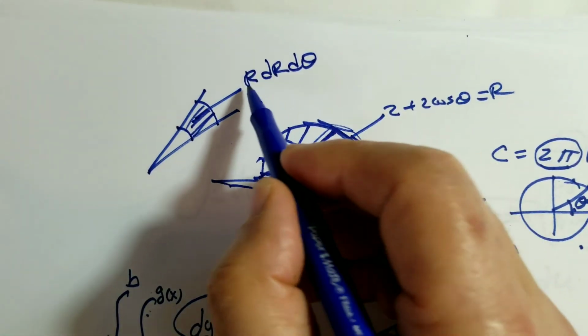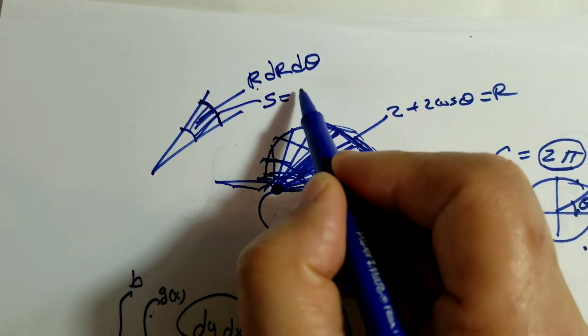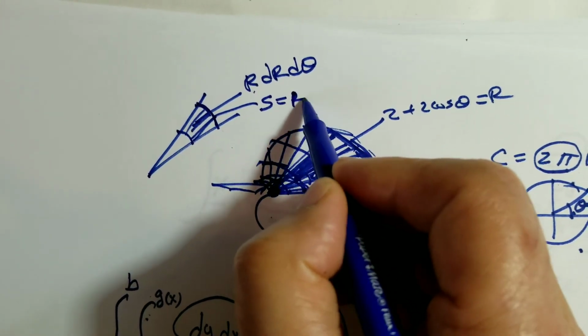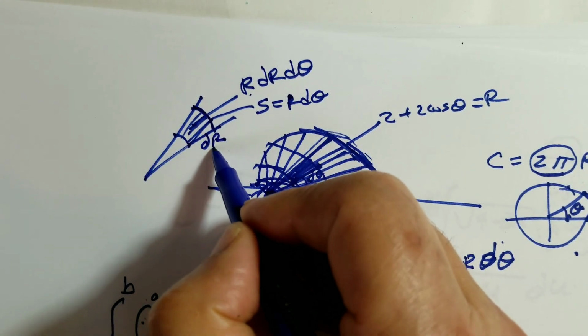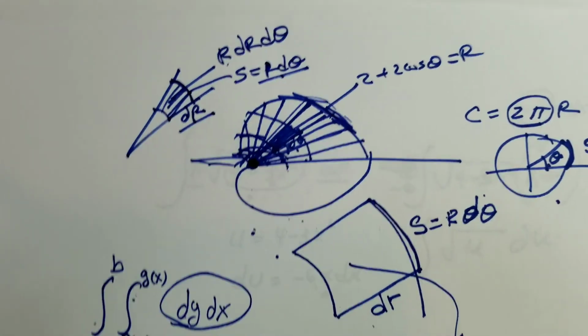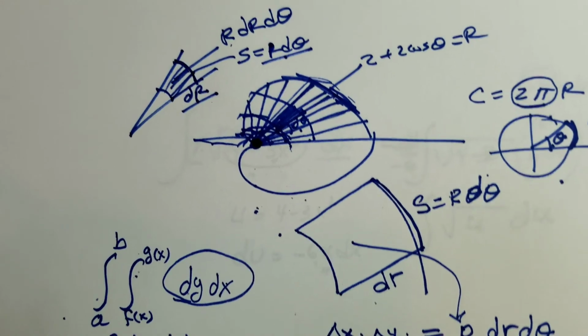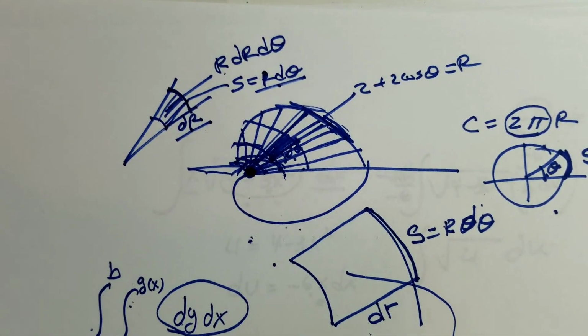And if somebody asks where that r came from, that's your arc length. Your arc length is s equal to r d theta, and this is the change in r. Therefore, length times width. And that's where it comes from. And this is how we can apply polar coordinates to finding the double integral.